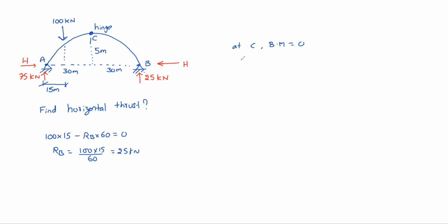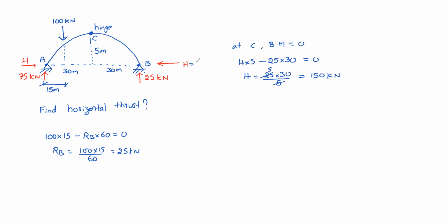That means on the right side, H into 5 clockwise moment minus 25 into 30 anti-clockwise moment must be 0. So H equals 25 into 30 by 5, which is 150 kilonewtons. That is the horizontal thrust.